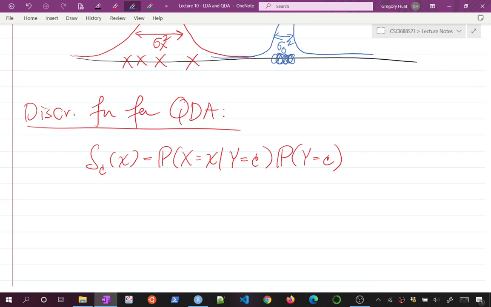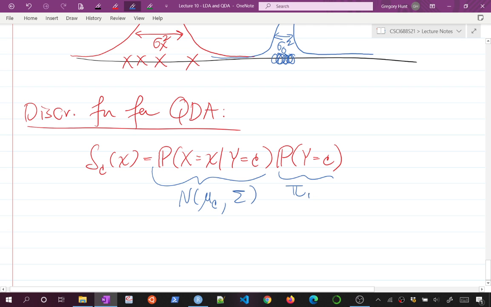And now what LDA did was say this was normal mu, let's say sigma, and this was pi, that depended on the class. QDA is just going to add a c there. It's going to say, okay, that can also depend on the class. And fortunately or unfortunately, this is no longer a linear classifier, which is okay.